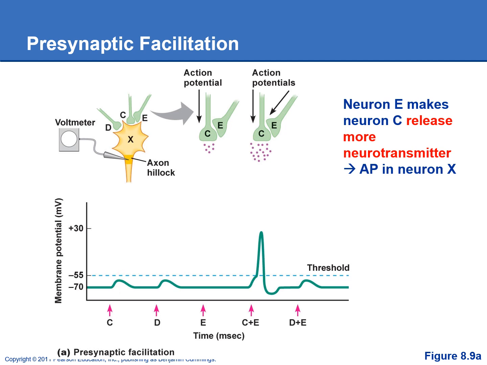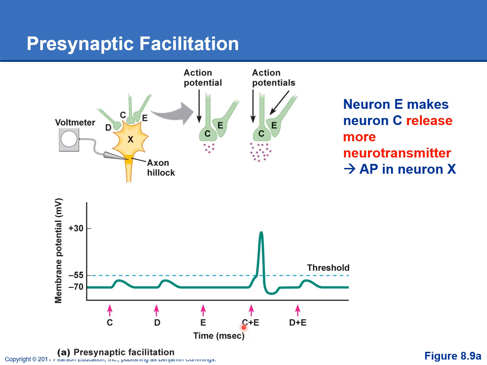But if we have E firing and releasing neurotransmitter at the same time that C does, when E releases neurotransmitter, it will increase the amount of calcium coming into the axon terminal of C, and that means you can release more neurotransmitter from C. So that's presynaptic facilitation: you increase the amount of neurotransmitter released by this presynaptic neuron.